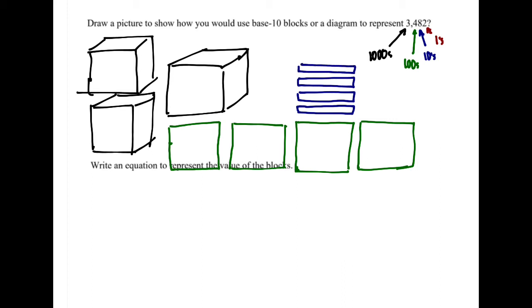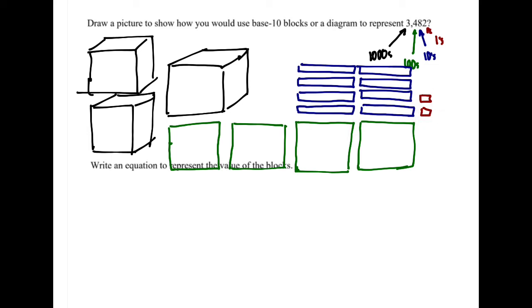Okay, so there's 4. I'm going to do 4 more over here, just because I don't have too much space. Oh yeah. And little units. So they're right here, right? 2. And that's it. So we have 3,482.